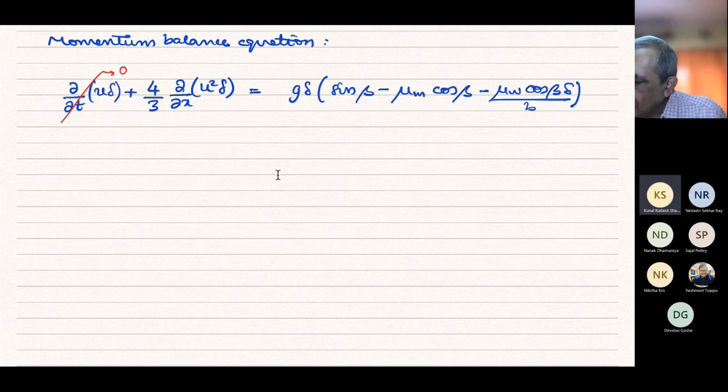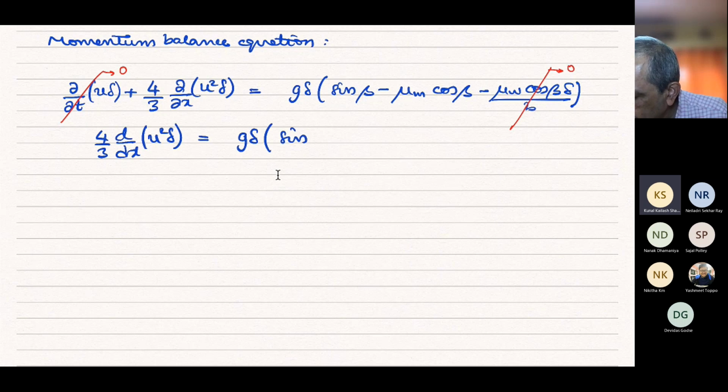And since we are looking at no friction, this term goes to 0. So then we are just left with, as I wrote down, 4 by 3 d by dx of u squared delta is equal to g delta into sine of beta minus mu m cos of beta.